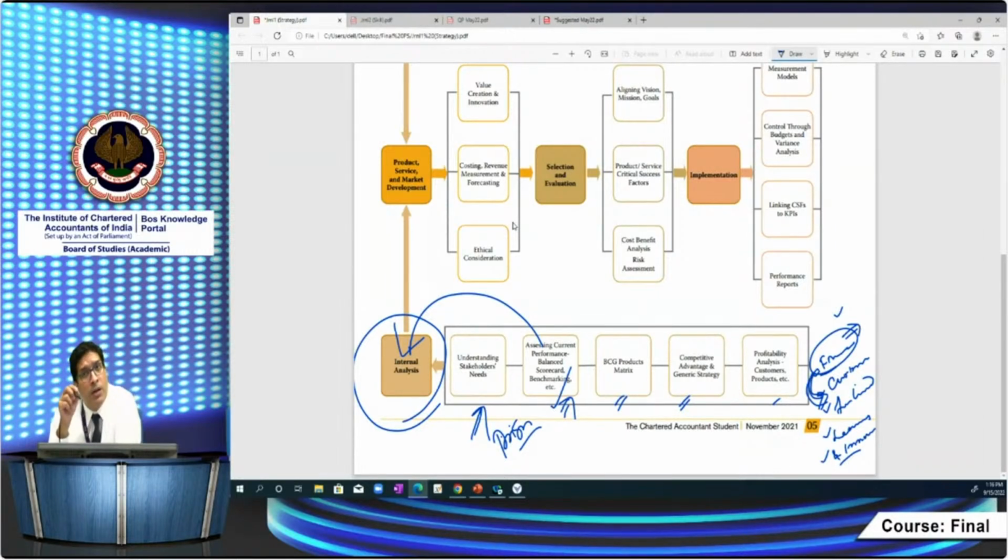Similarly, stakeholders needs relate to internal. Competitive advantage and generic strategy, simply low cost strategy or differentiation or focus.